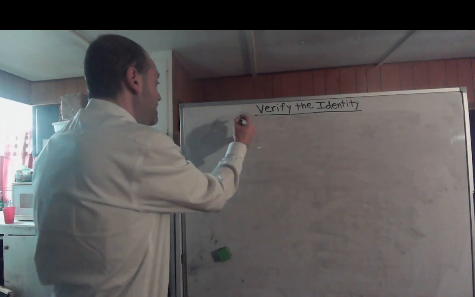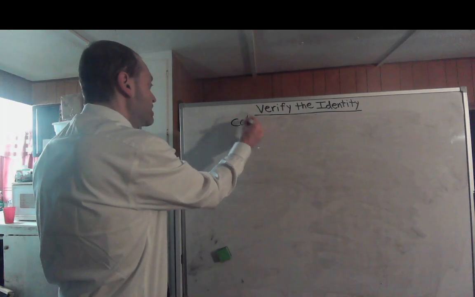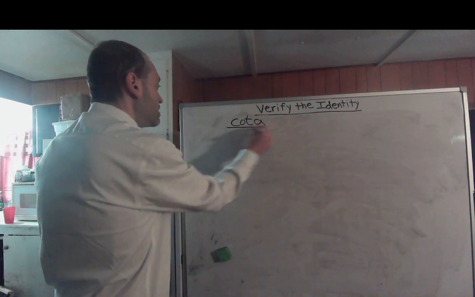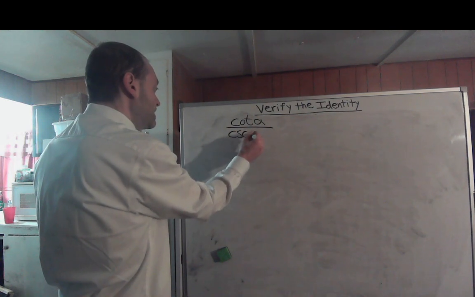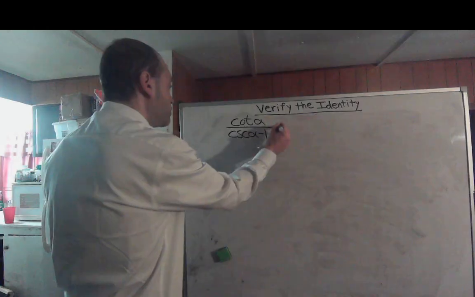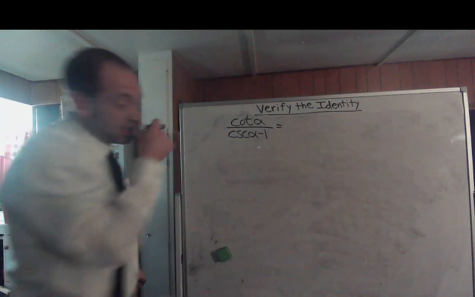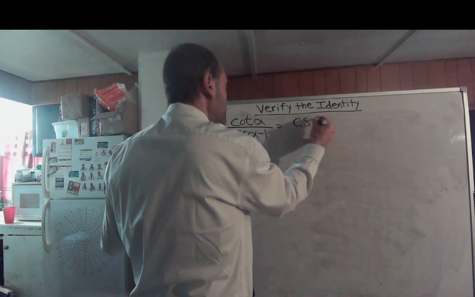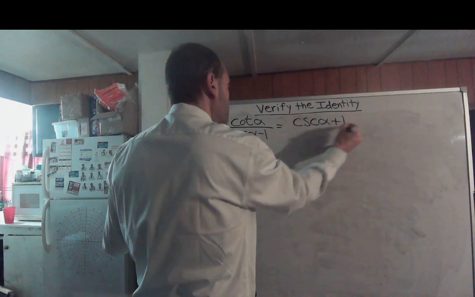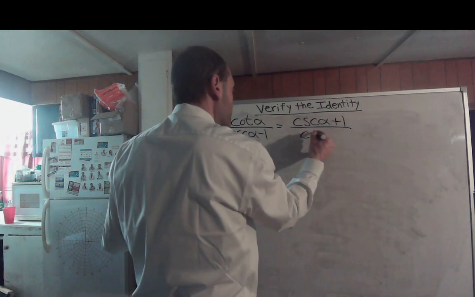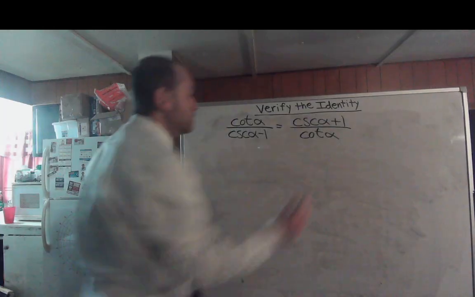Alright, so we have the cotangent of alpha all over the cosecant of alpha minus 1 is equal to the cosecant of alpha plus 1 all over the cotangent of alpha.